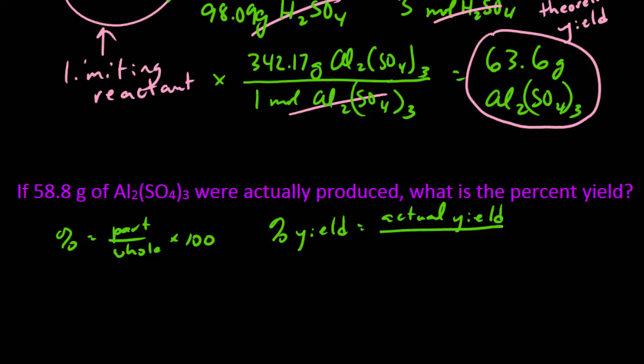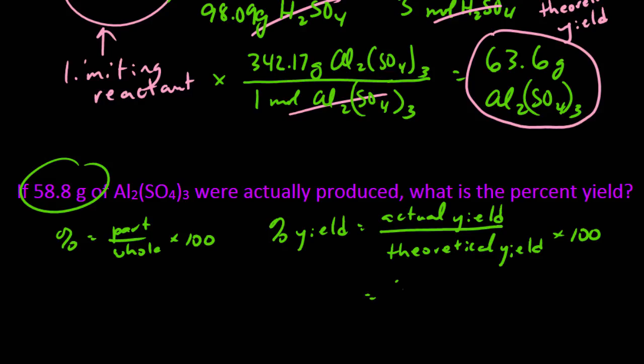The theoretical yield is the maximum amount we could have made had all of the limiting reactant been converted into product. And so we think of that as the whole. And then we take that result and multiply by 100. So in this case, the actual yield would have been the 58.8 grams. The theoretical yield was the 63.6 grams.